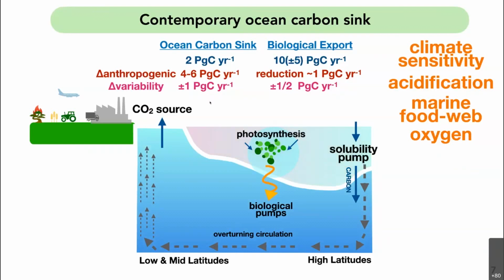And so why is it that the ocean carbon sink and biological export are variable? Of course, one dominant driver is climate mode variability. So we've transitioned here to a La Nina state, and as the low latitudes can push carbon up from the deep ocean, see the thermocline rise, CO2 can be exhausted to the atmosphere.